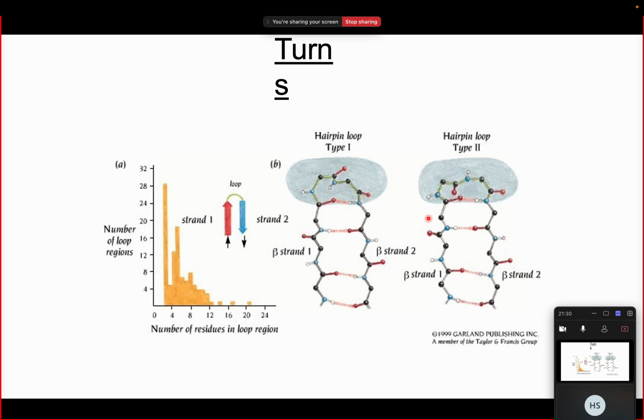You can see the frequency distribution here, with the number of residues on the x-axis, where this is predominantly present, right? A loop can be considered a turn when it has 3 to 4 residues. That is predominant, though we have 5 to 6 also.